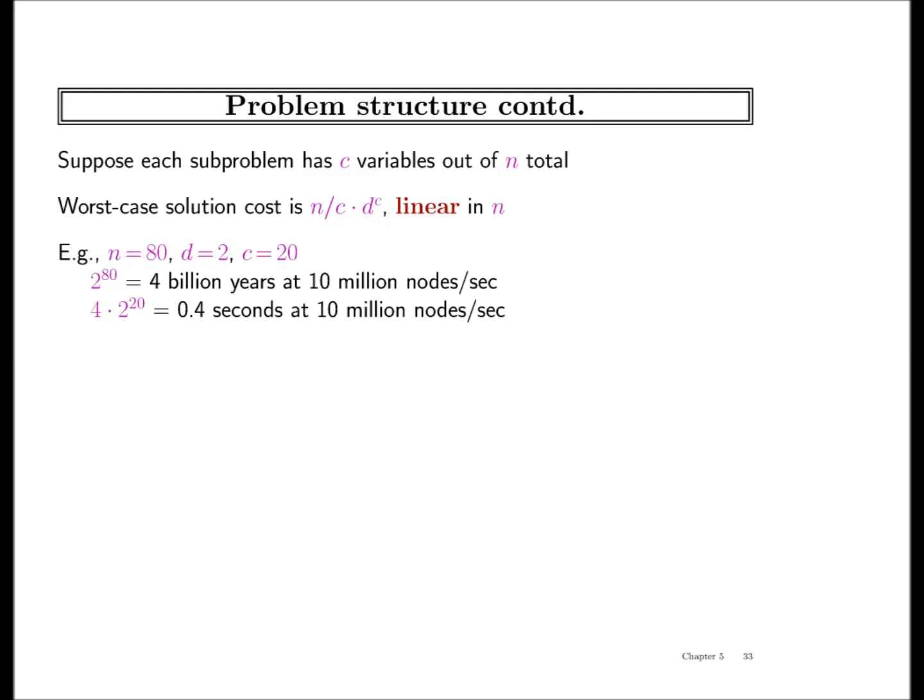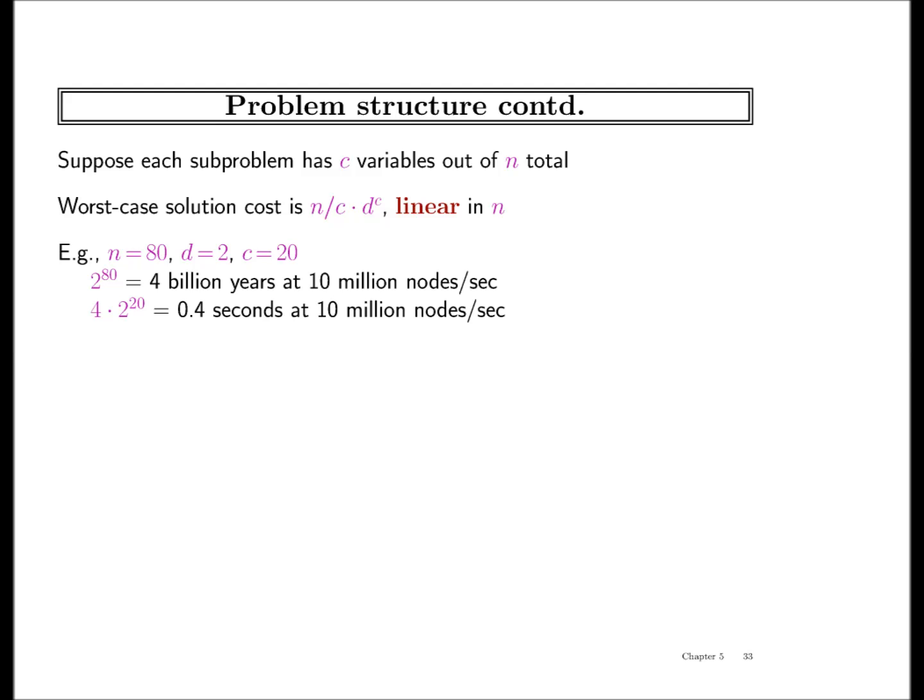Suppose each subproblem has c variables out of the n. We just discussed this, so we can split into two. Then I have to do d to the c, and I have to do it n over c times.